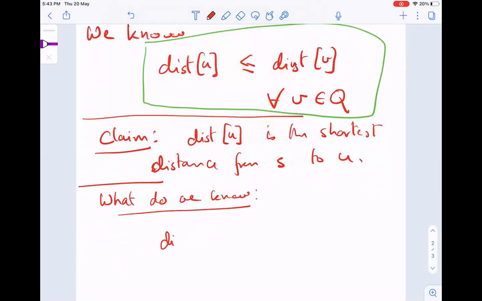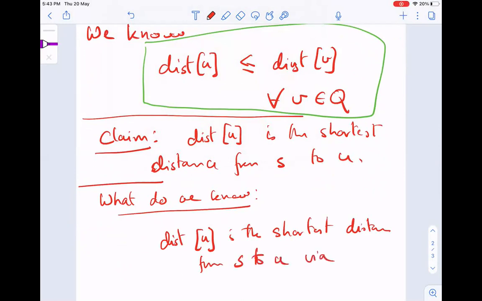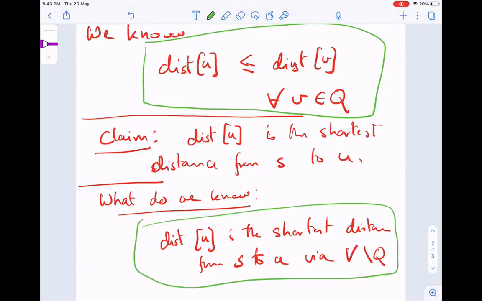We know that the distance of U is the shortest distance from S to U via V minus Q. These are the two facts that I know. What is being stored in my distance is this thing, from the second loop invariant. And this is from the fact that I have picked up the minimum one. Now, using these two facts, I want to prove this claim.